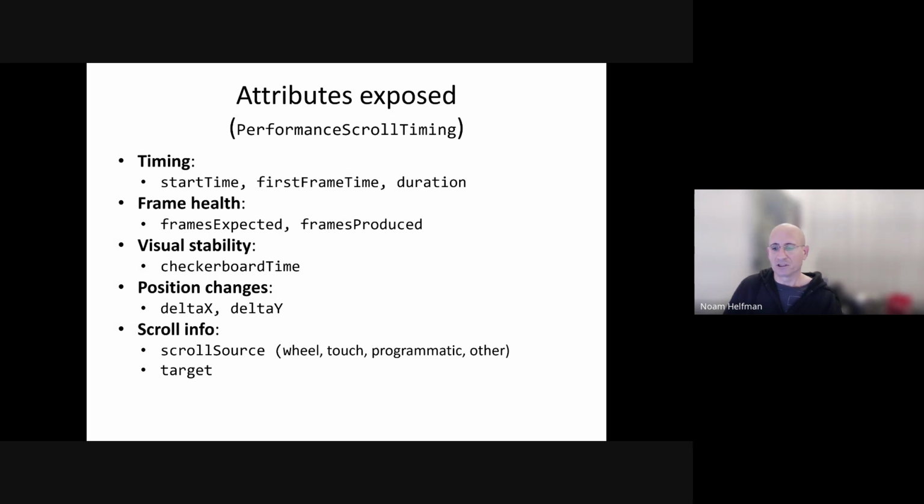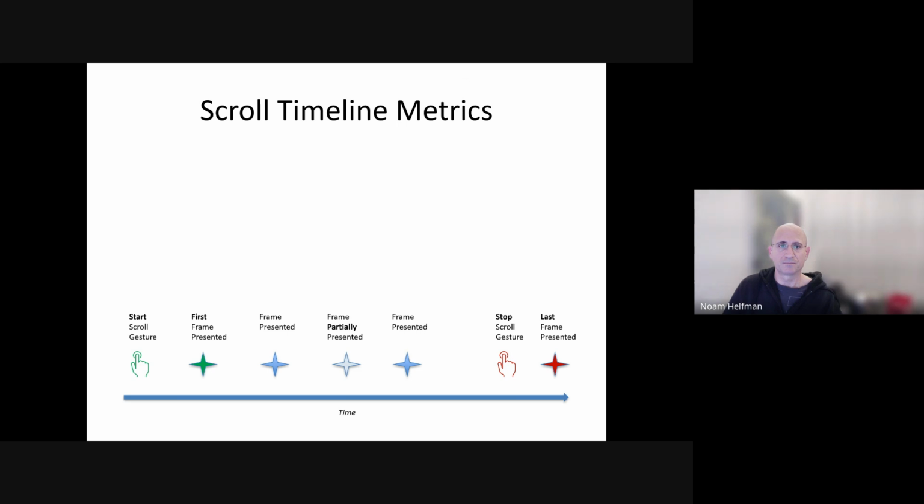Visual stability, checkerboarding: if the browser cannot present a frame, we would like to measure the time that the user did not see full content during the scroll. And some metrics can help other aspects like the delta, position changes, scroll source, various sources, and the target, which is the DOM node or the document that was scrolling.